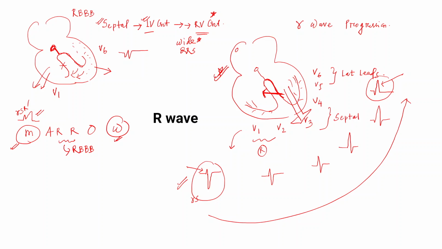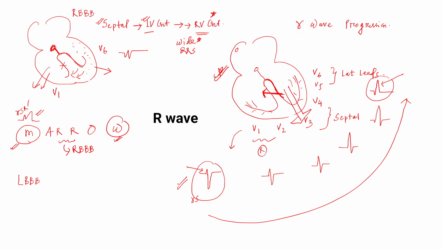Now what happens in left bundle branch block? In left bundle branch block, the exactly opposite phenomenon will happen. I will not be discussing it again here. From the concept of right bundle branch block, you can also derive what will happen in left bundle branch block. Anyway, I'll be discussing all these things again in the bundle branch block section.